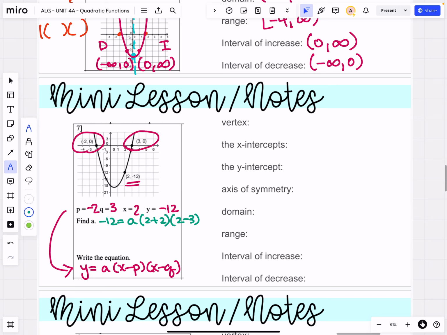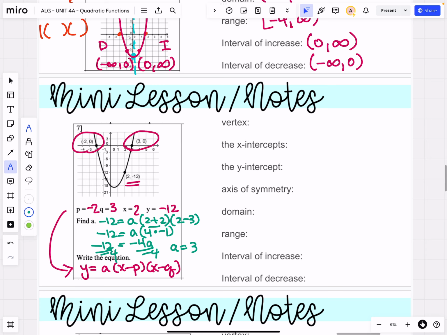All right, let's clean up the right-hand side. This 2 plus 2 is 4. This 2 minus 3 is negative 1. That whole thing is multiplied by a, and that's equal to negative 12. 4 times negative 1, that's negative 4a, is equal to negative 12. And then if I divide out my negative 4 on both sides, we end up with a is equal to positive 3.